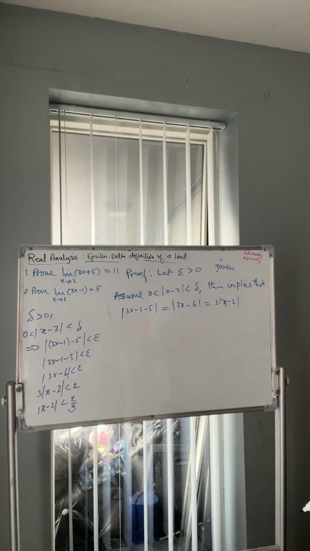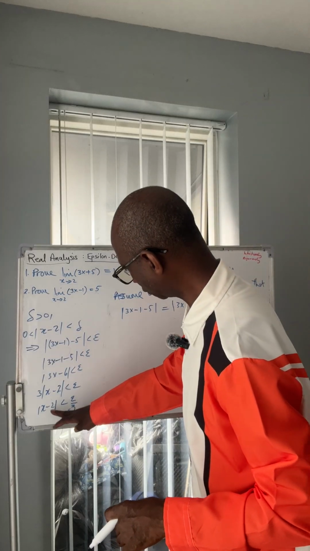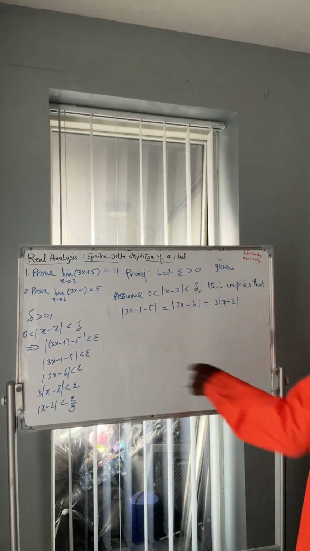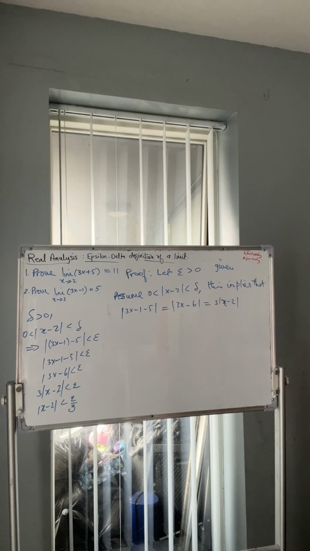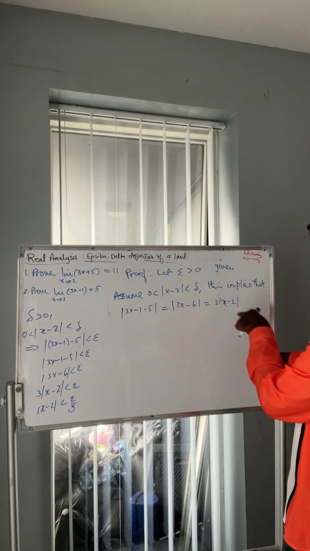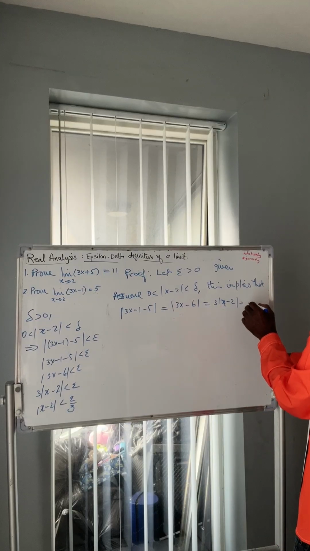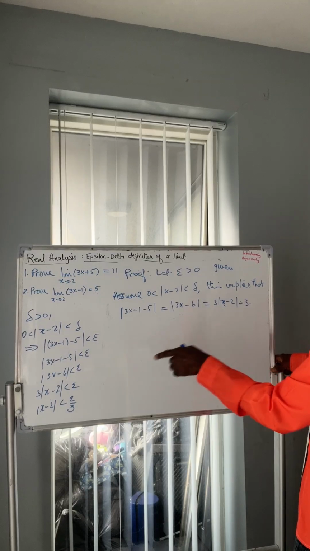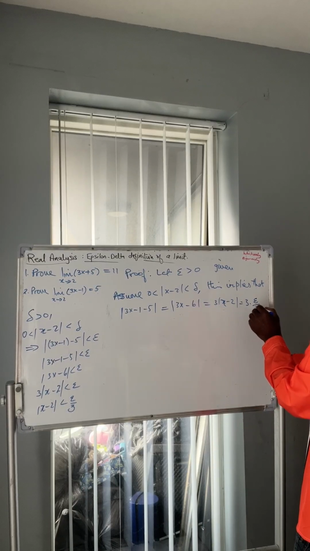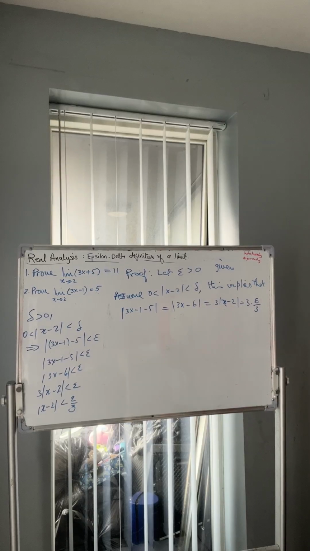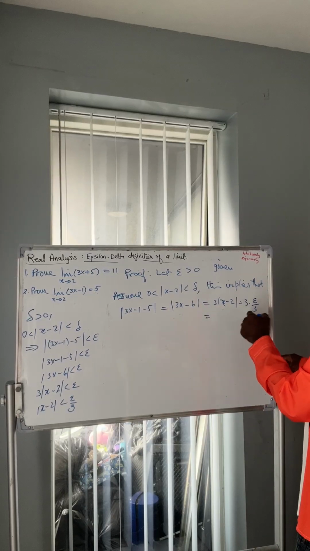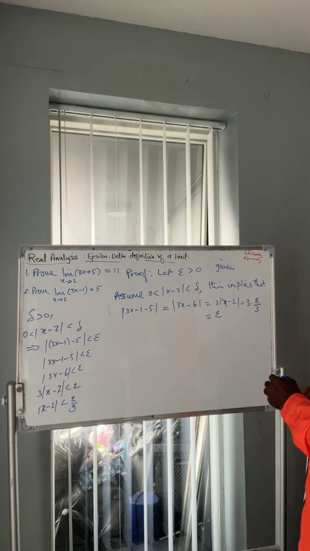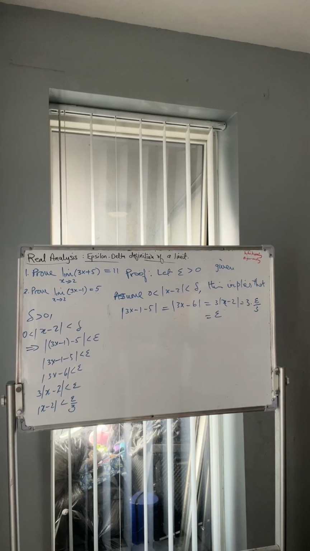Agree? But what is x minus 2? We know the absolute value of x minus 2 is less than epsilon divided by 3. Therefore, for this one here, this will give you 3 times epsilon divided by 3. So what do you get? You get epsilon. Do you see that? You get epsilon.